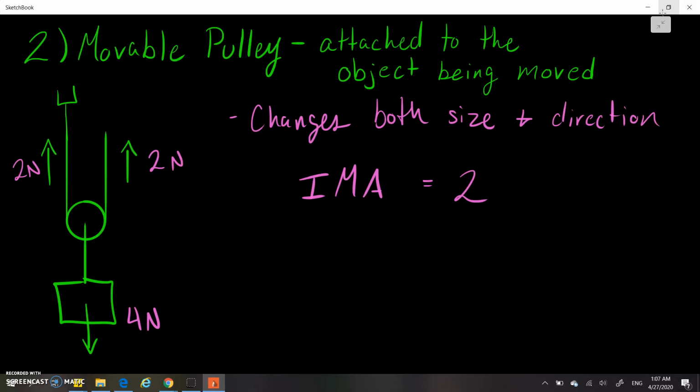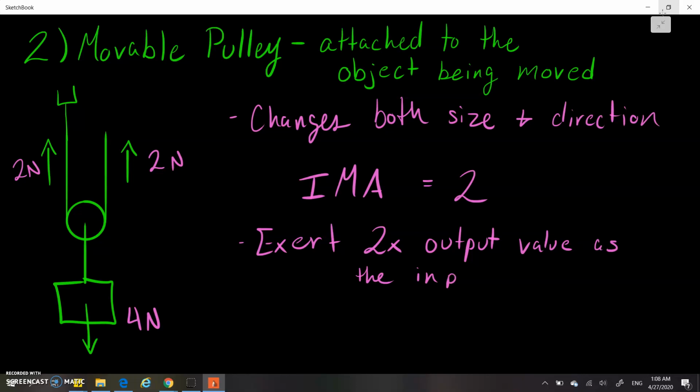Most of the time your movable pulley will exert 2 times the output value as the input. Both sections are going to pull with the same amount of force.